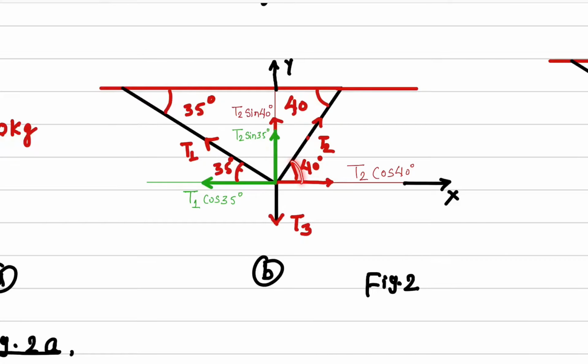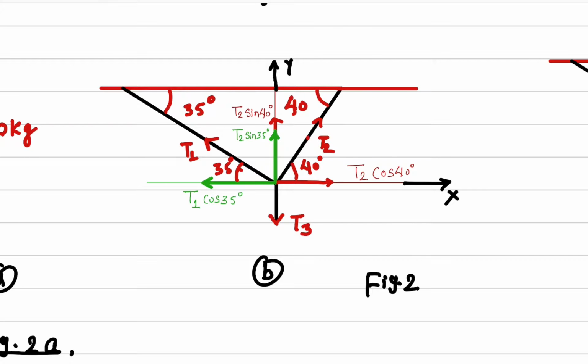So this angle is 40 degree, which is the angle, so it has to be cosine. Okay, so the cosine component is closer to the angle, and this component will be the sine component. The same thing, T2 cosine 40 degree here, and this way it is T2 sine 40 degree. So we have resolved T2 now.